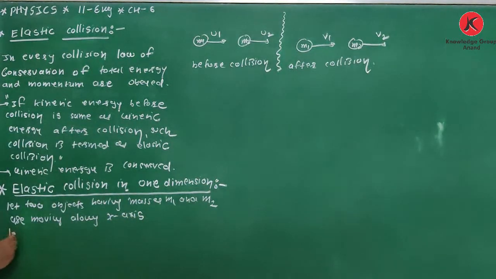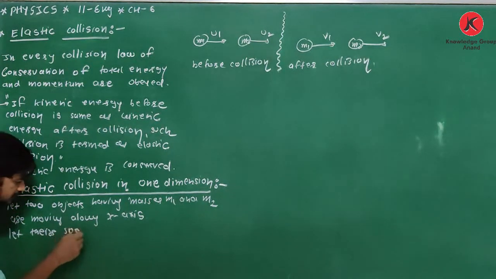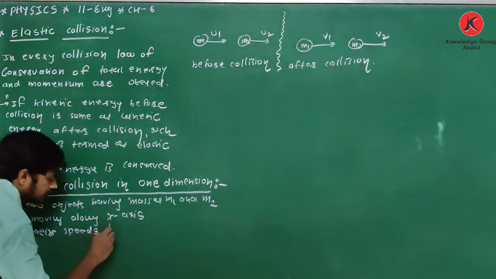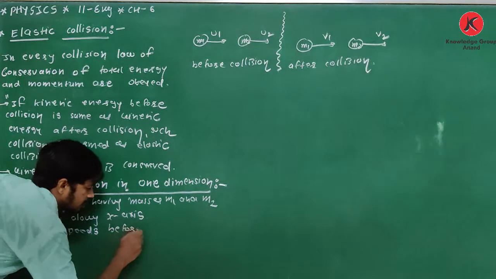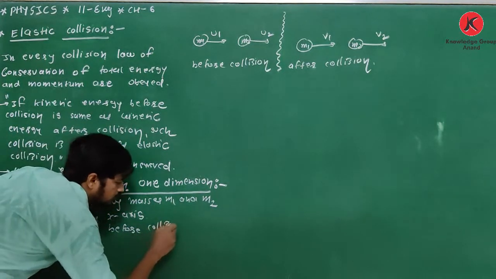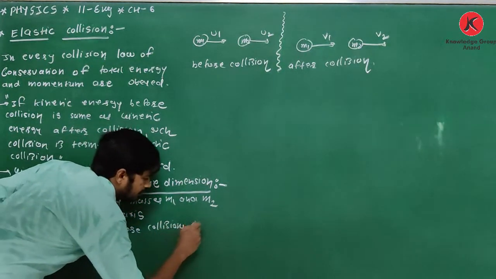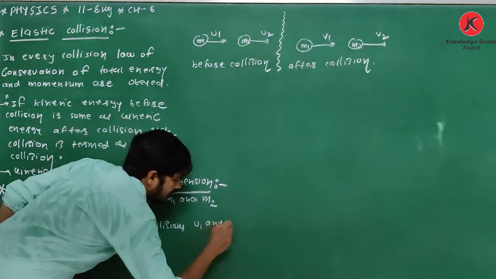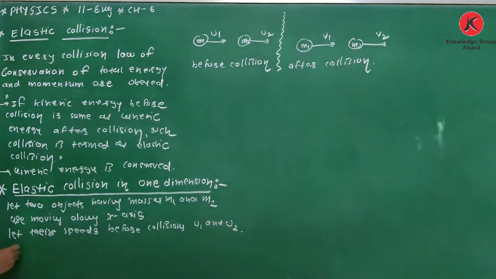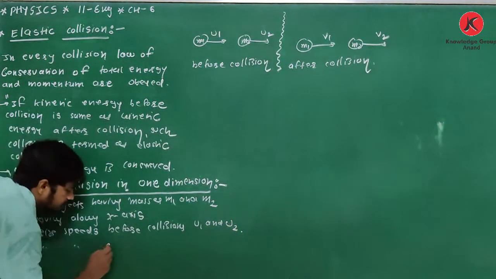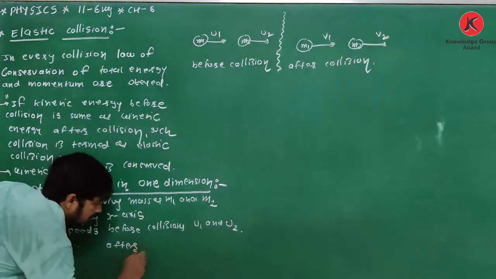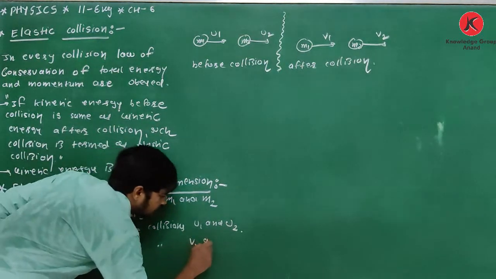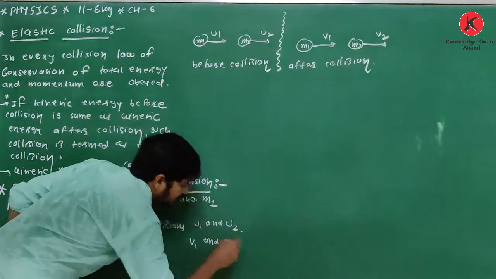Let their speeds before collision be u1 and u2, and let their speeds after collision be v1 and v2.